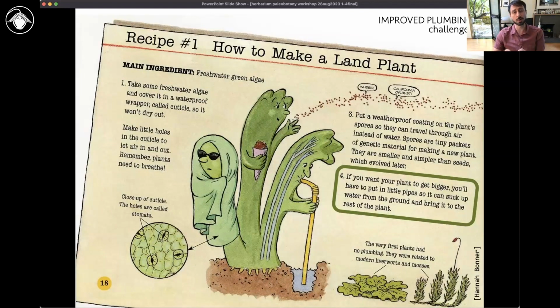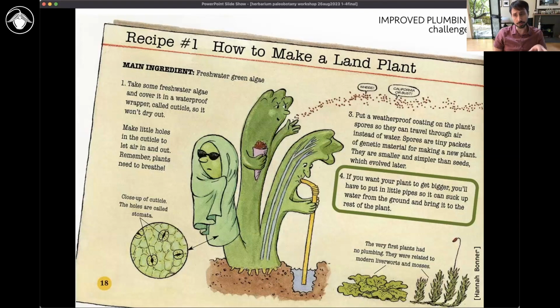Then you coat your spores in a hydrophobic shell, or spore wall, that will help contain a micro offspring or propagule of a plant, so it can be wind transported across the landscape.